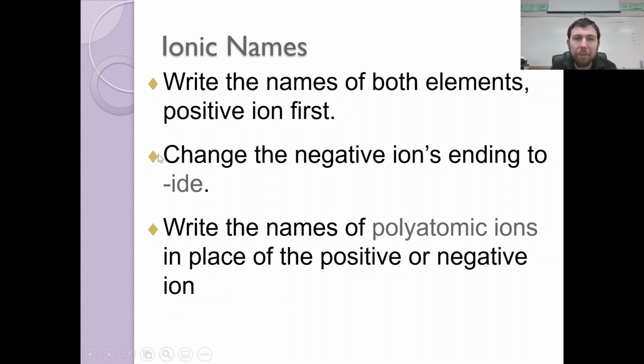Well, there would be no need to change the negative ion's ending to IDE. We would simply write the name of that polyatomic ion in place of that positive or negative ion. Okay? And so that, ladies and gentlemen, those are the three rules that we need to keep in mind when we're given a formula and we're asked to write the name.